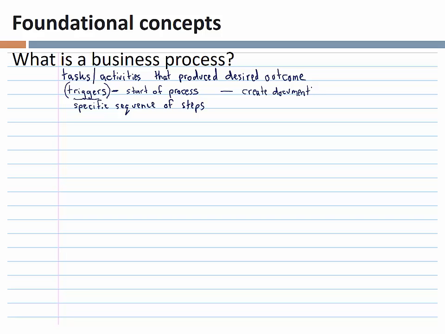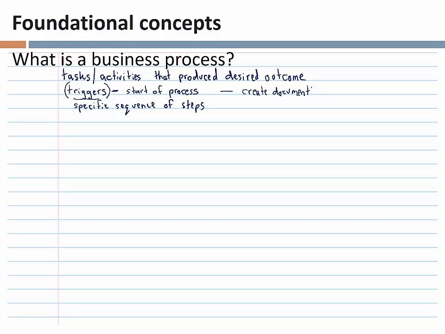How do we know we need to buy something? Somebody creates a purchase requisition. How do we know we need to hire someone? Someone creates a request to hire document. And how do we know we need to ship an order out to a customer? Somebody creates a sales order document. But for the most part, if we're going to play enterprise information system, what we do is we're sitting there waiting for people to create documents.